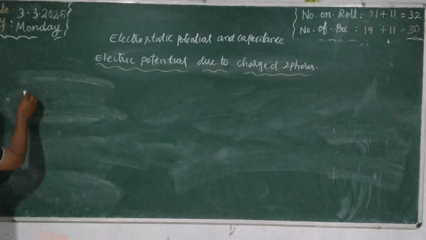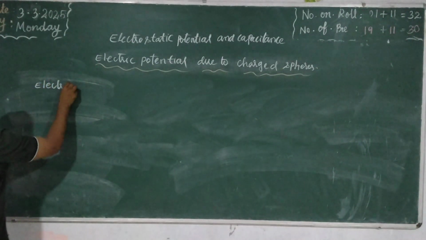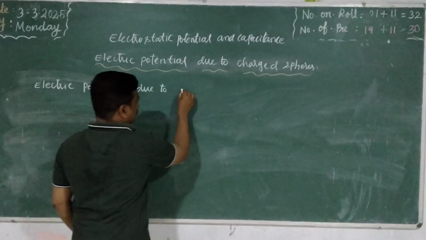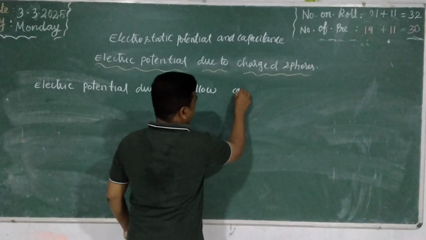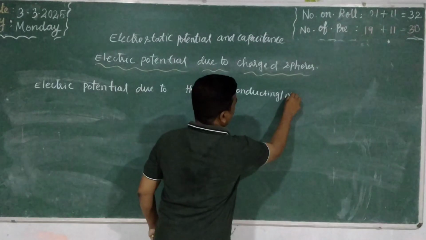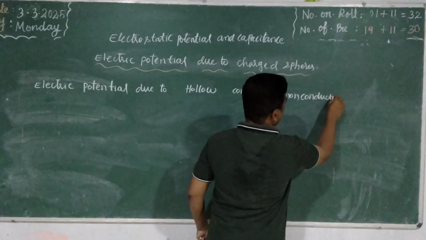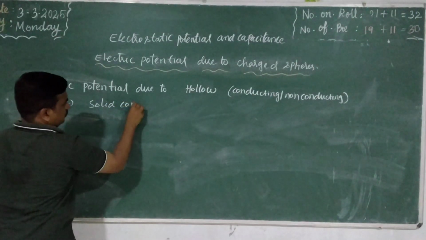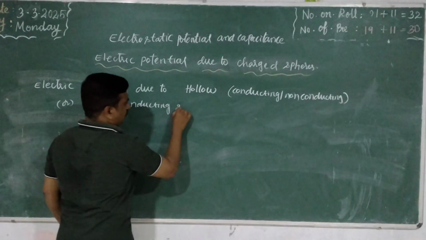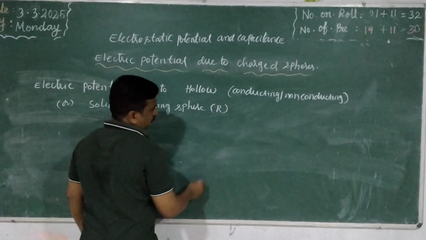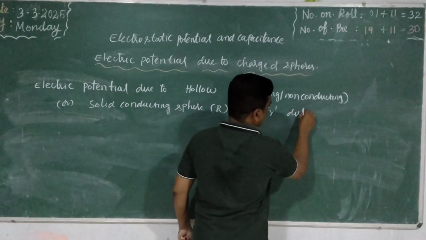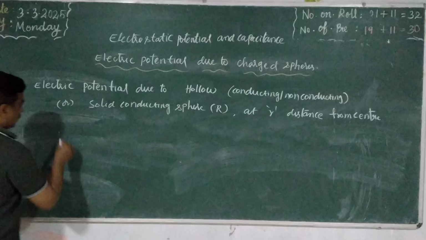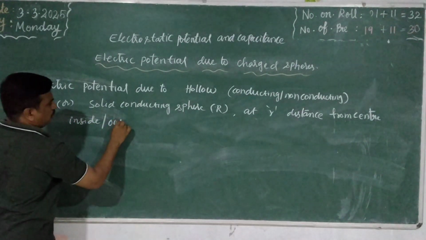First we discuss electric potential due to a hollow conducting or non-conducting, or solid conducting sphere of radius R, at a distance r from the center, inside the sphere or outside the sphere.